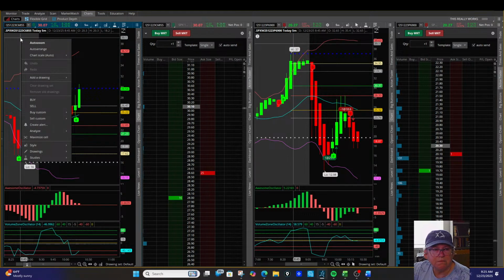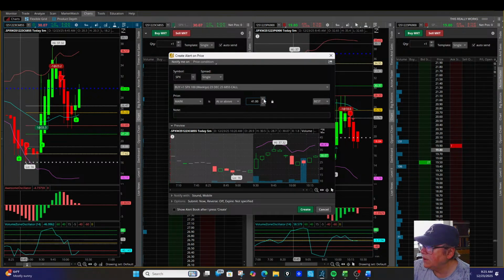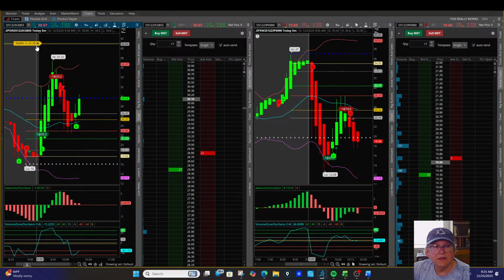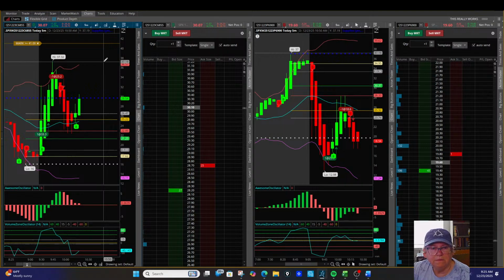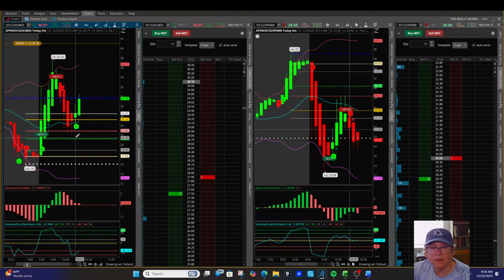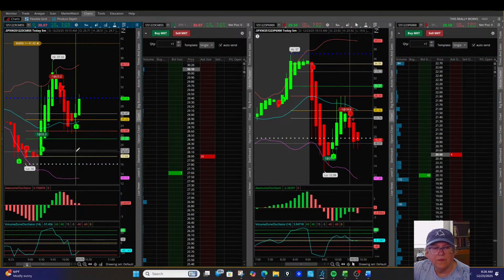Let's see. Okay, 41. So when it hits this, the yellow line, it will have made money on this trade right here. Let me go ahead and mark it with the yellow line also. Okay.